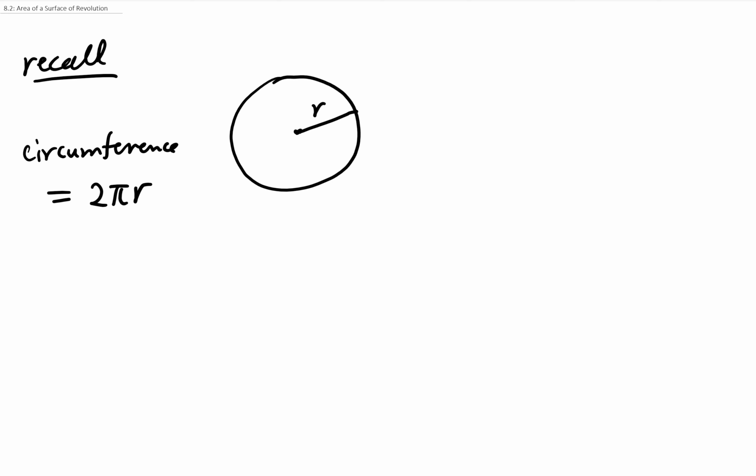Also, what happens here is if we are given a curve, any random curve, let's say this curve, right? And I'm going to revolve this around this line. When you revolve it, you're going to get the image of it.